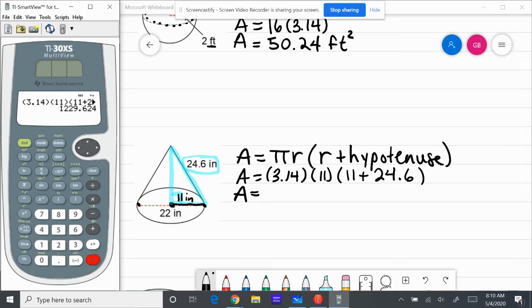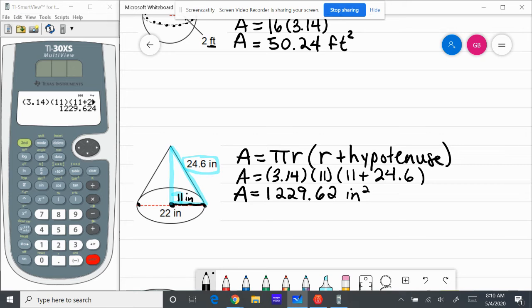Okay, that gives you 1,229.6. So the 4 tells me to round down, so 6.2. Okay, just round to 2 decimal places. Inches squared.